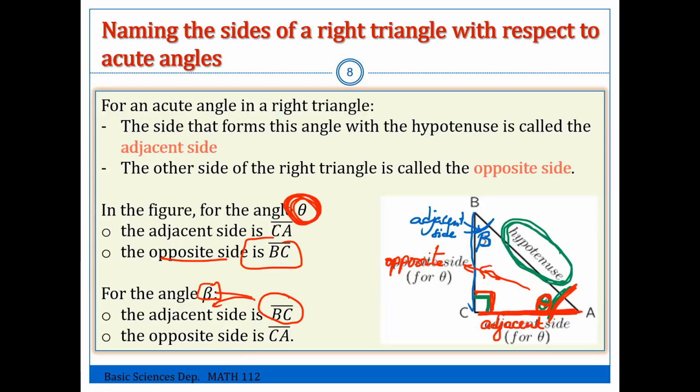So be careful. Opposite ولا adjacent حسب الزاوية اللي تختارها. It depends on the chosen angle.